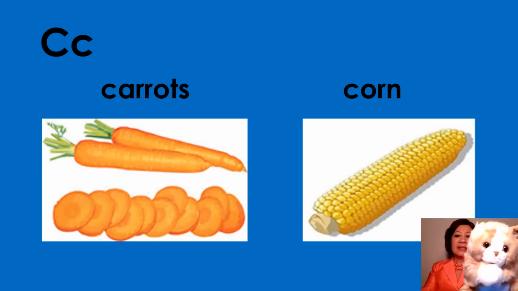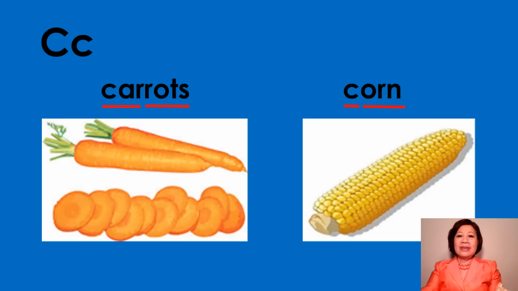C. C says carrot. Rabbits like to eat carrots. C. C says corn. I like to eat sweet corn.